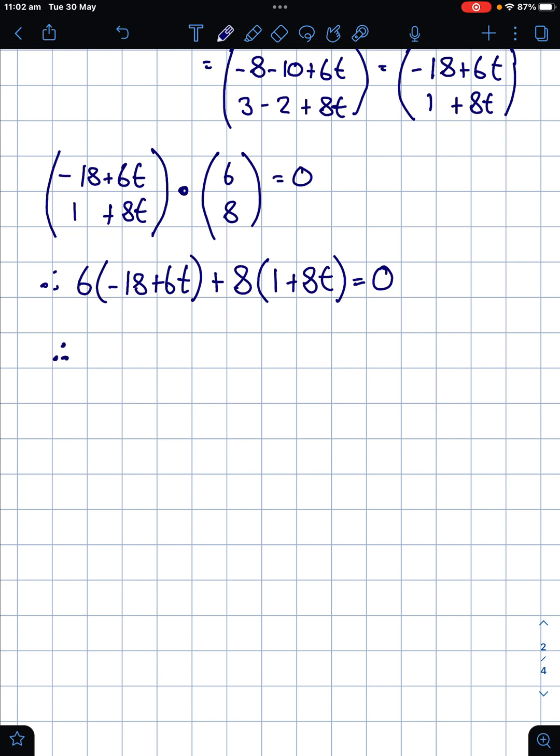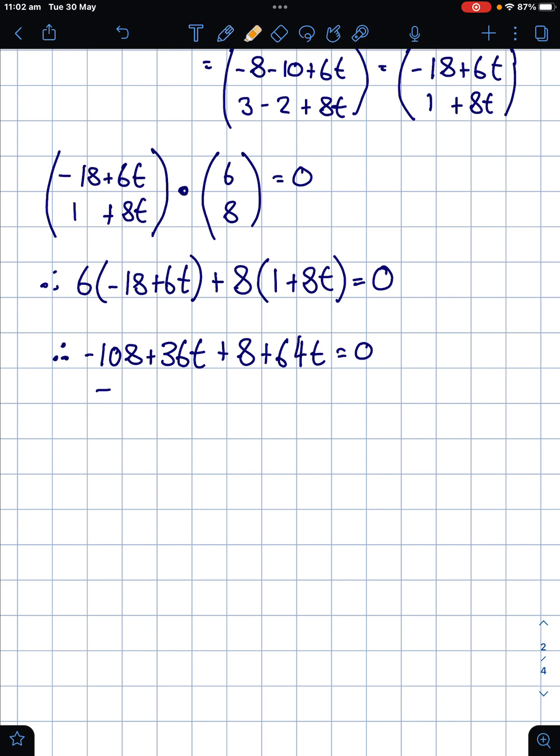It's just going to make the expansion a little bit easier. So we're going to have, let's just expand it actually, to be honest. So 6 times 18 gives me -108 plus 36t plus 8 plus 64t equals 0.